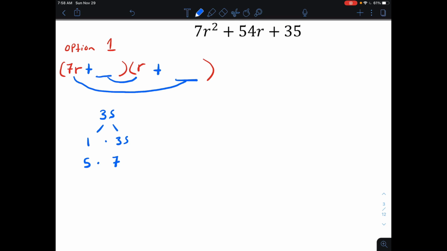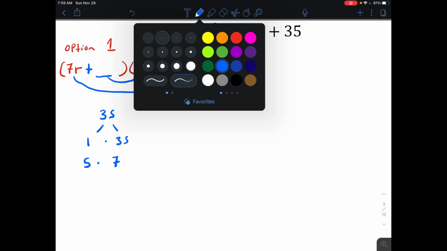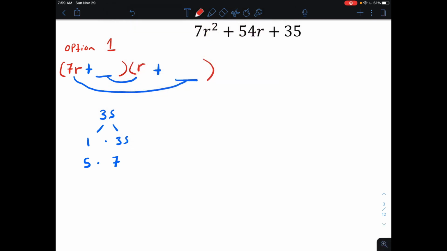Now, I got to figure out, all right, well, 7's got to multiply to something, and then my 1 has to multiply to something else. So 7 times something, and then I have to do plus 1 times some other factor, and that has to wind up giving me 54 in the middle.